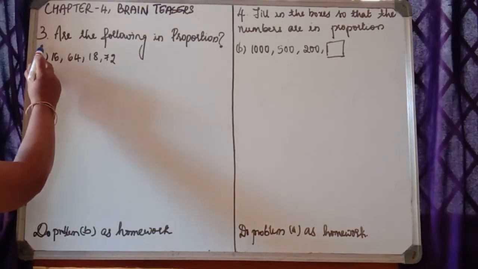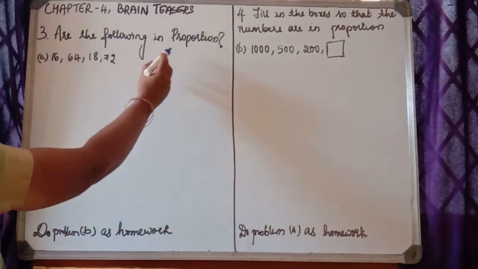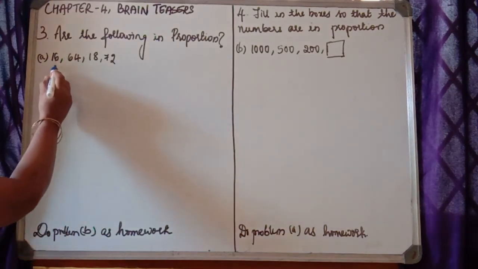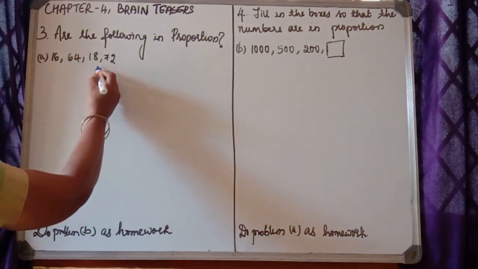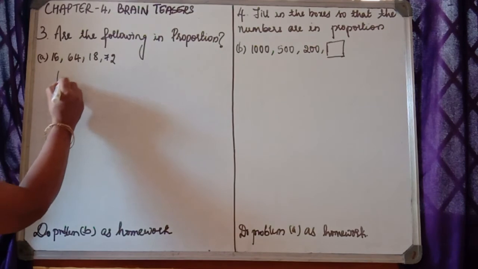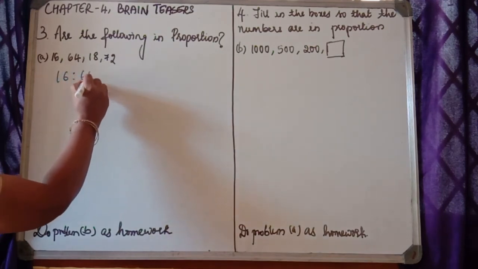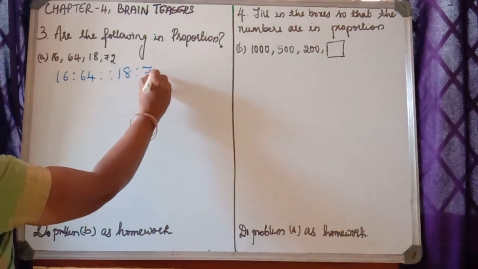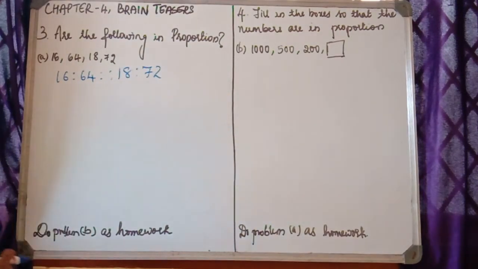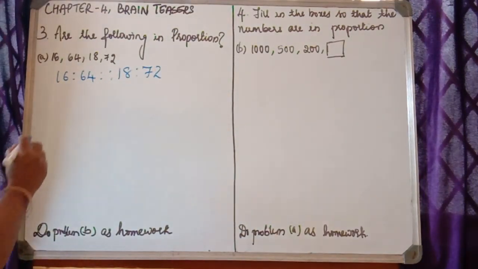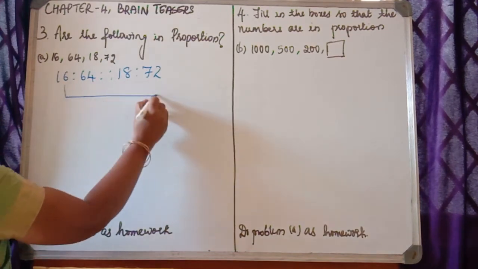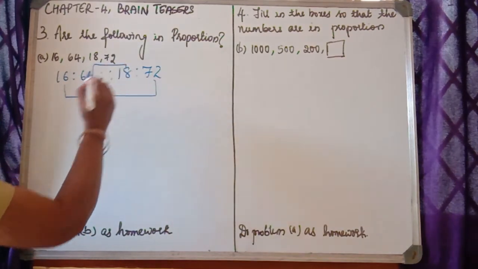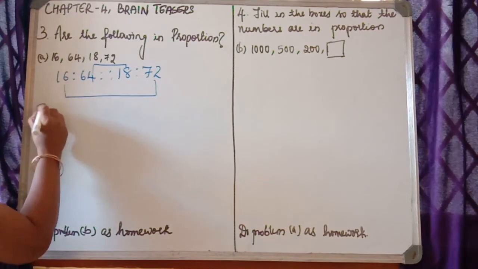Now we will solve the third sum. Find whether the following are in proportion. 16, 64, 18, 72. 16 is to 64 as 18 is to 72. Now first we have to write it in the form of proportion. What is the rule? Product of extremes should equal product of means.